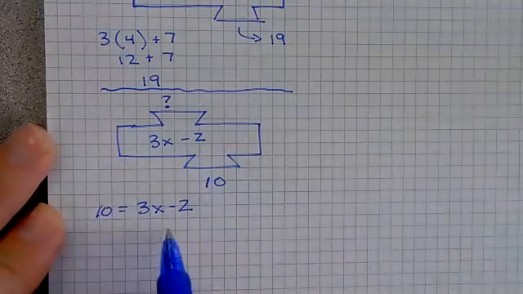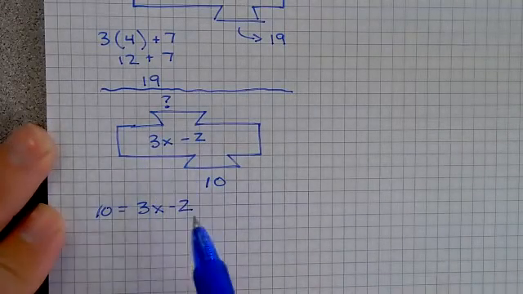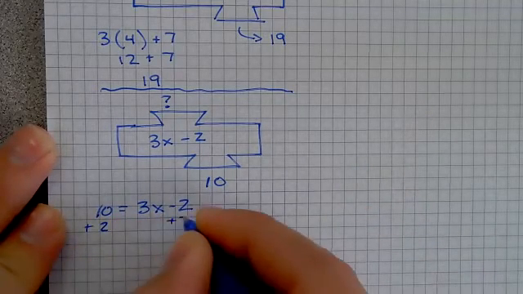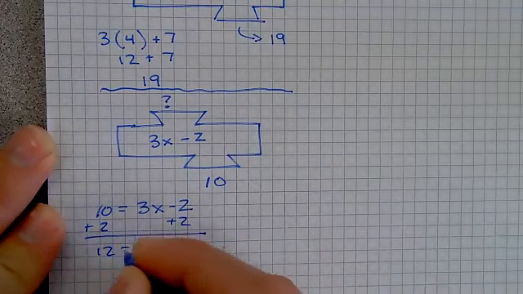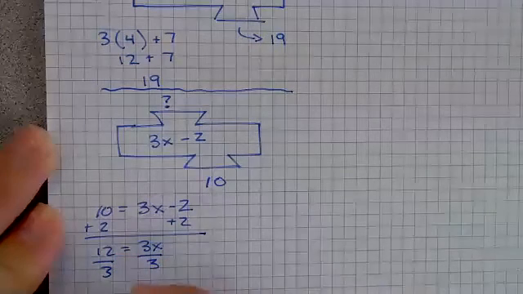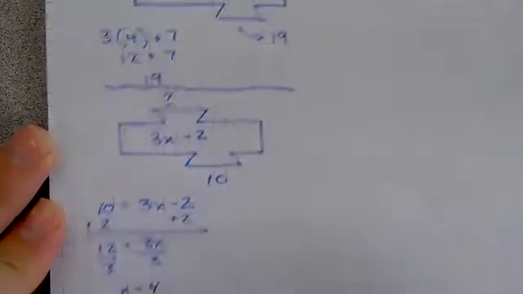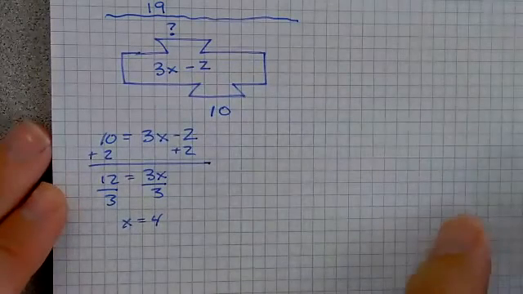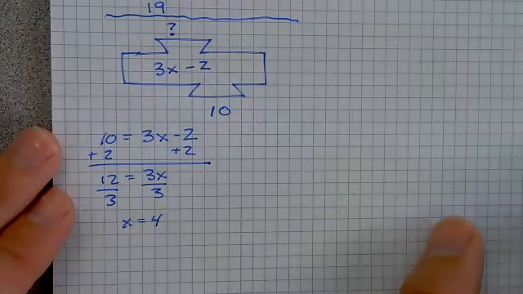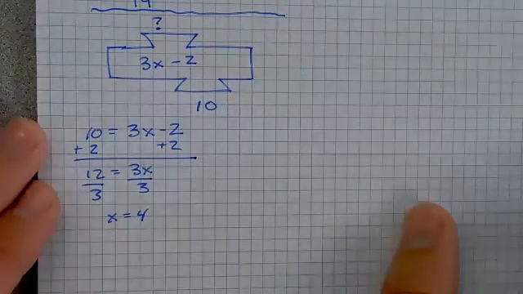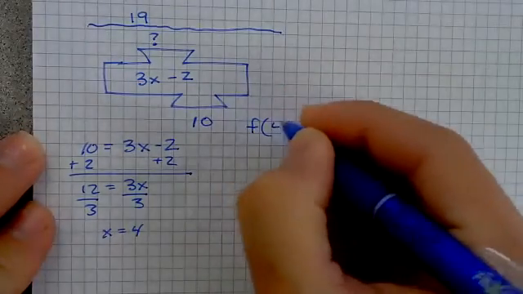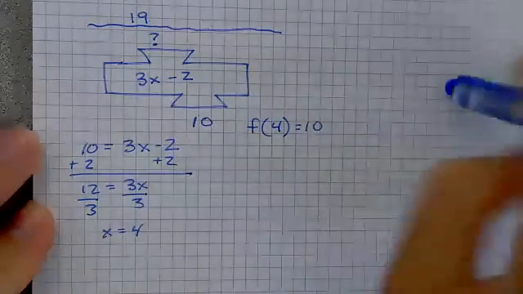Again, now we're setting it equal to that equation as opposed to plugging it in for x. So we get x equals 4. Now we can write it in function notation, f of 4 equals 10.